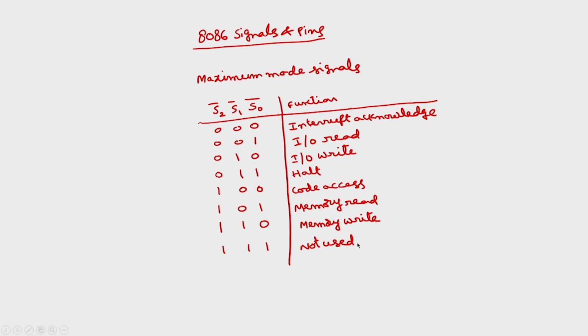So, this is the function of the 3 maximum mode signals S2 bar, S1 bar, S0 bar, they are active low signals. Then coming to the other signals, we have the Q status 1 and Q status 0 signals. QS stands for Q status.